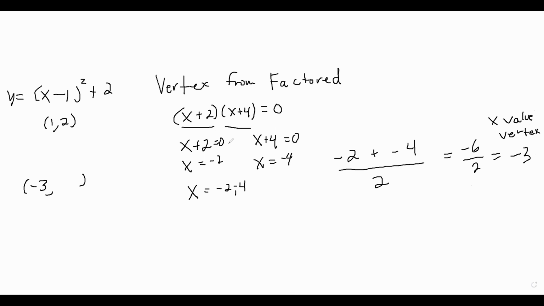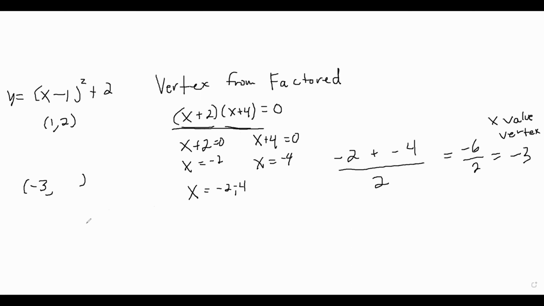So what we're going to do is probably just plug it into our factored form. If you had it in a different form, you could also plug it into that as well. So we're going to take this x plus 2 times x plus 4. We're going to plug in -3 for where x is, and what we're left with is going to be the y value of the vertex.